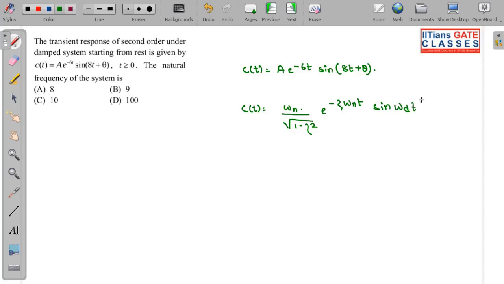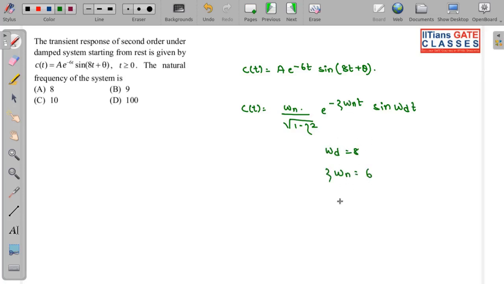Over here they are asking what is the natural frequency. So omega d is equal to 8 and zeta omega n is equal to 6 from comparison.